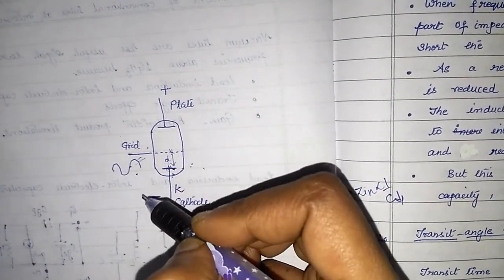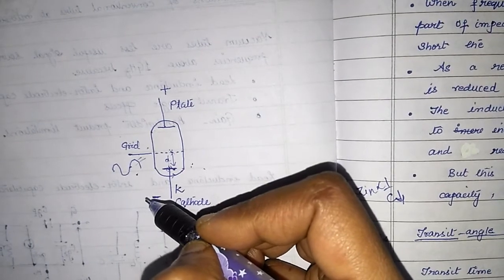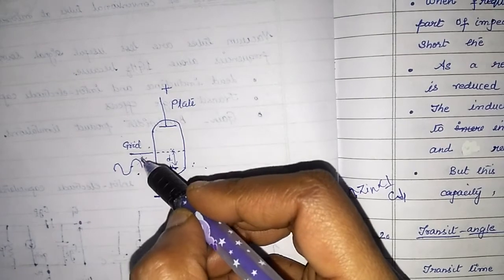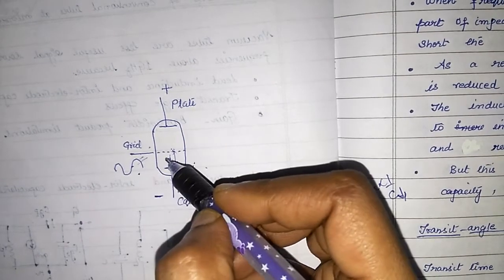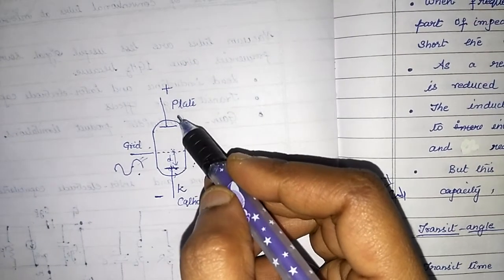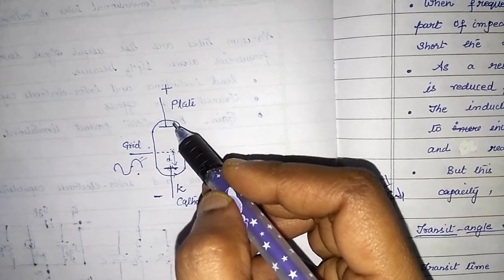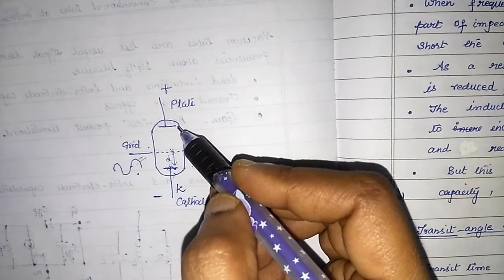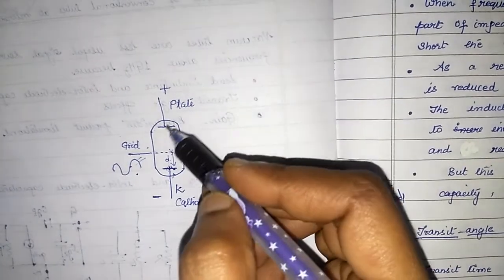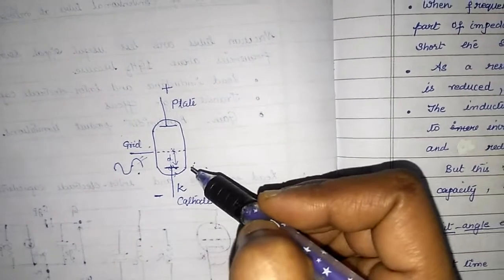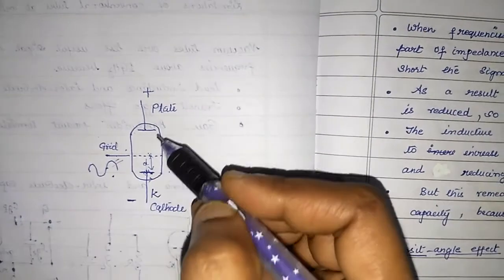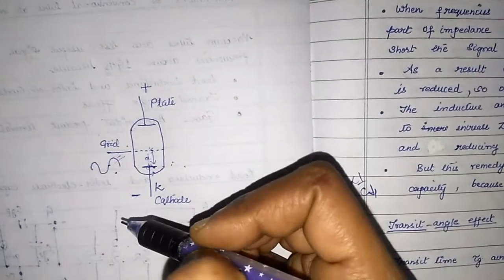So this transit angle effect becomes very critical when the applied signal's time period is comparable with the time taken by the electron to leave the cathode and reach the anode. So this is an important limitation: at high frequencies, because of the transit time, the vacuum tube is not able to work the way it has to.